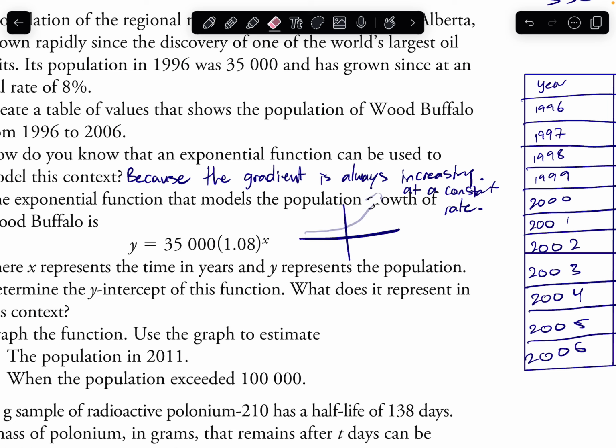Which is only going to happen with an exponential graph. Because if you have a parabola, for example, it's not always increasing. Like here, the gradient, well, it's increasing, but it's going down, the actual function. So maybe instead of gradient, I should say function.